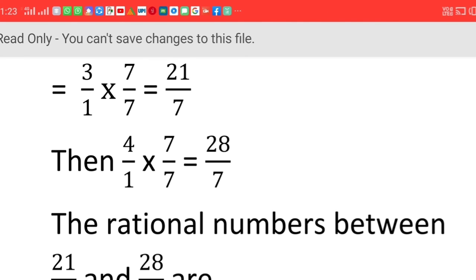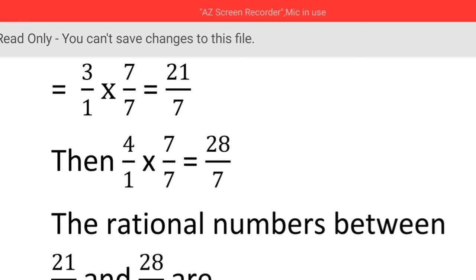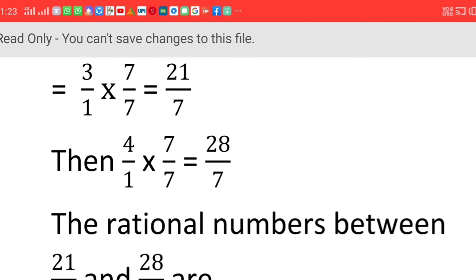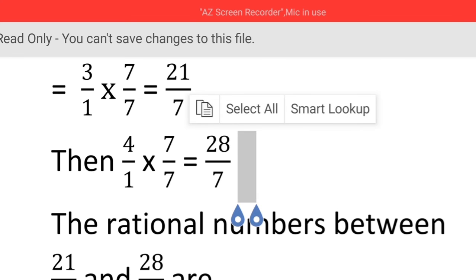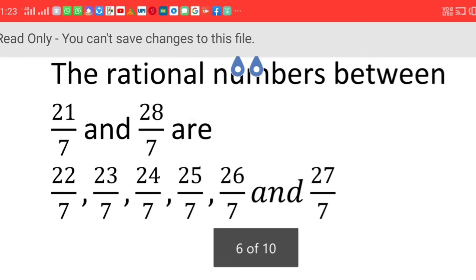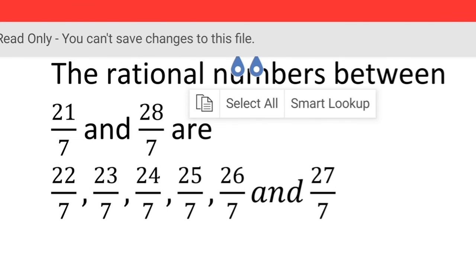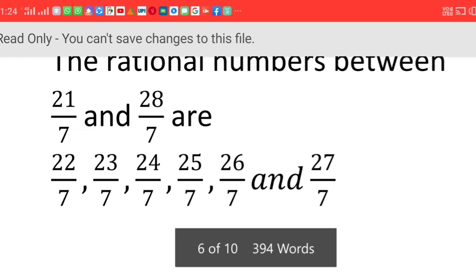First number is 21 by 7 and that is equal to 3, and second number is 28 by 7, that is equal to 4. So we find the numbers between 21 by 7 and 28 by 7. That means you are finding the numbers between 3 and 4.